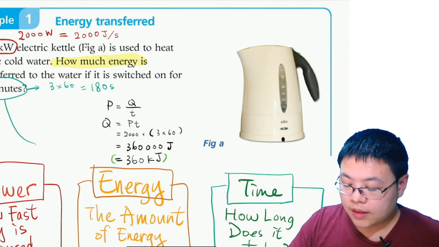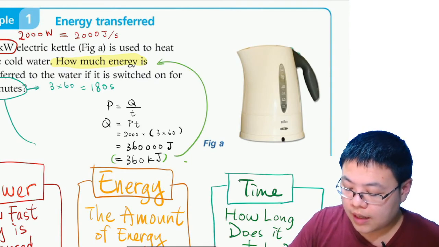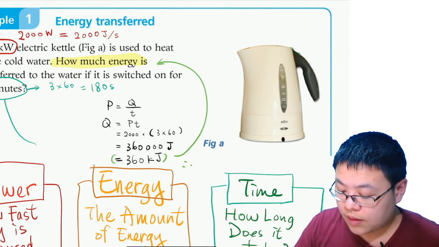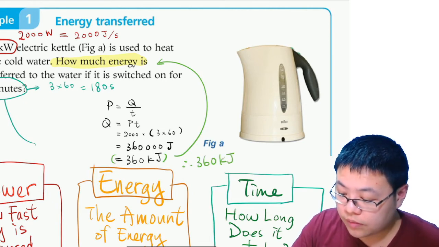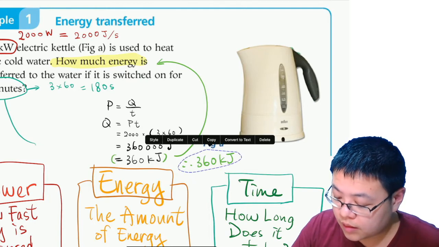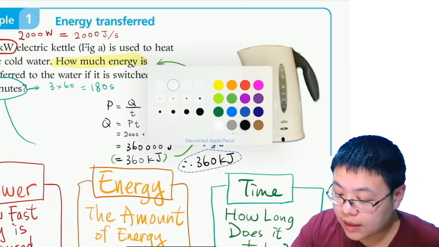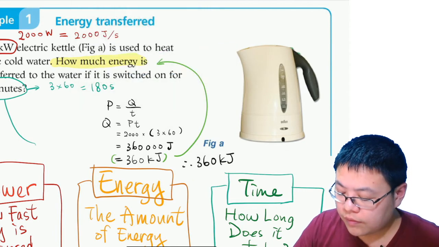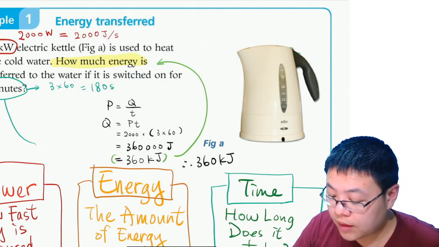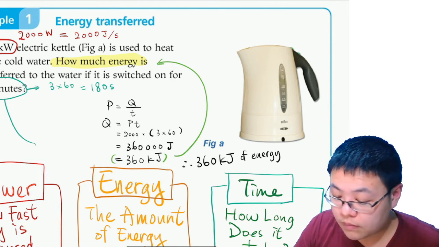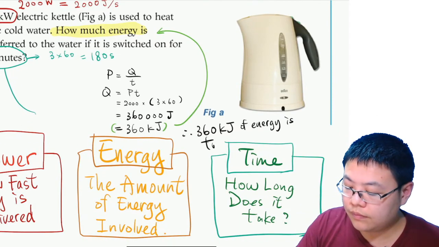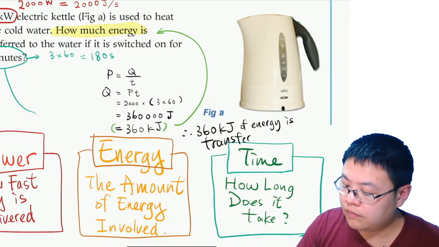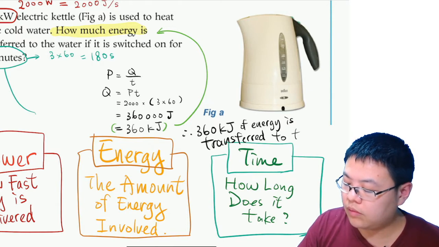Then you can answer this question by, therefore, 360 kilojoules of energy is transferred to the water.